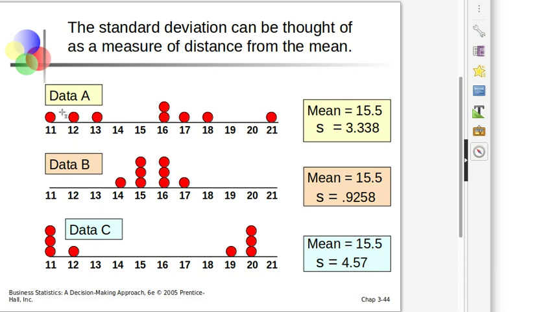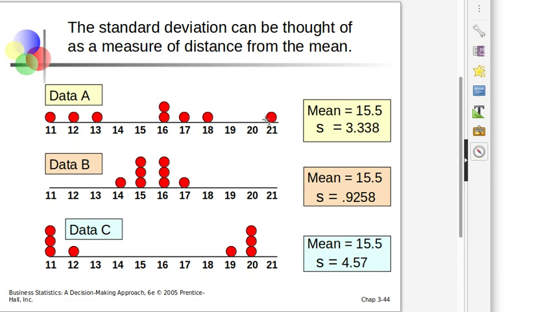For example here, dataset A, dataset B, dataset C. Dataset A has this data: 12, 11, 12, 13, 16, and frequency is 2, 17, 18, and 21.